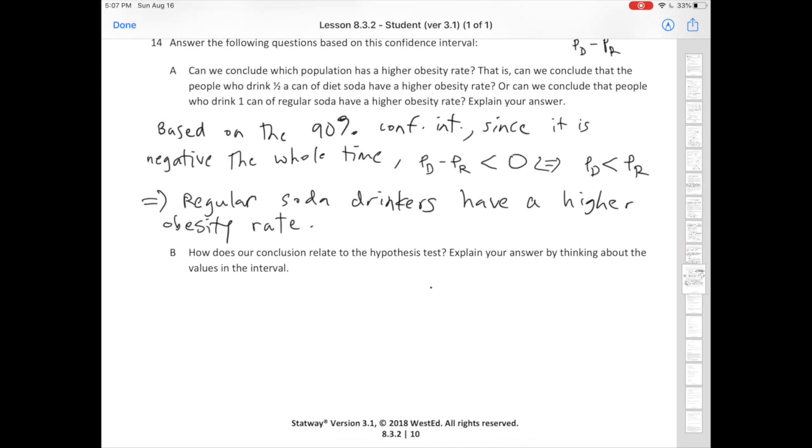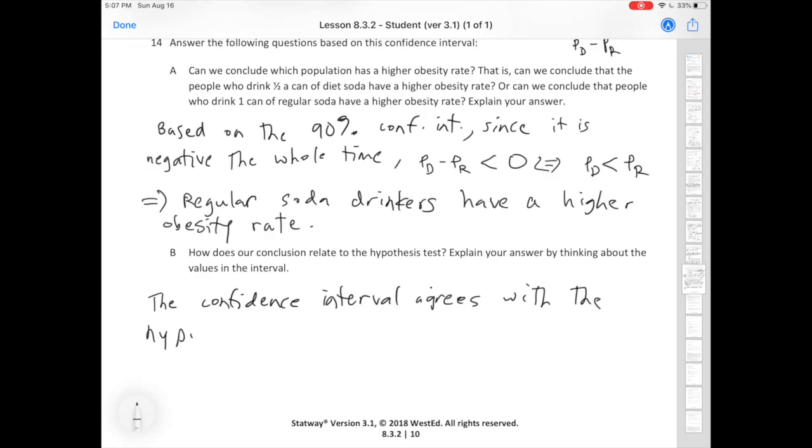So, the confidence interval agrees with the hypothesis test result.